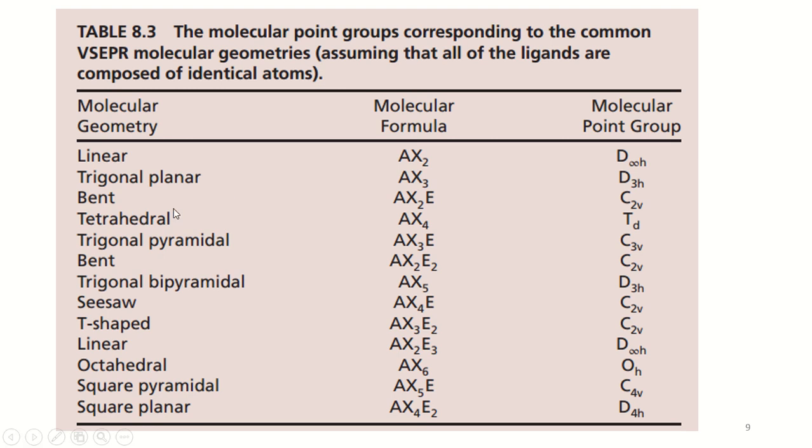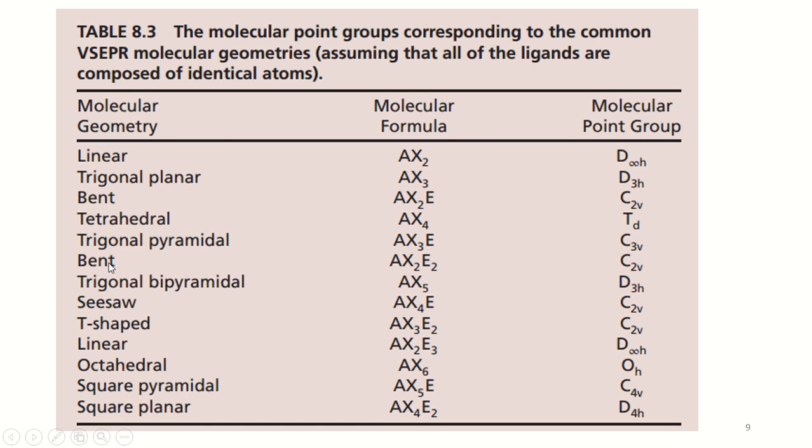So if the molecule has bent geometry, and the molecular formula is AX2E, then this is C2v. If the molecule has tetrahedral geometry, the molecular point group should be Td, while in case of trigonal pyramidal the molecular formula would be AX3E, and the molecular point group should be C3v.